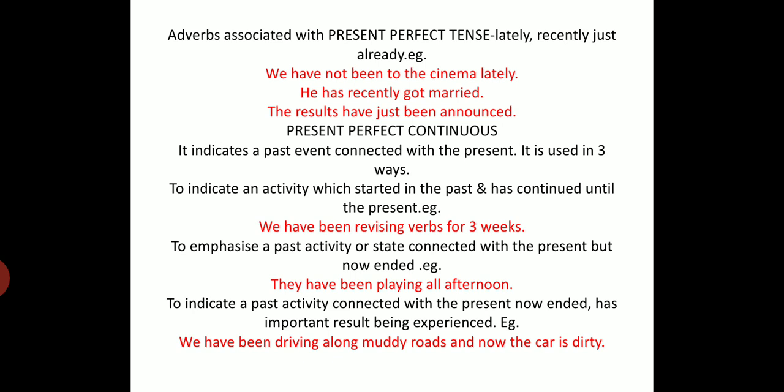So these are the three conditions. For example, we've been driving along muddy roads and now the car is dirty. So the past activity connected with the present and now ended and has an important result being experienced.